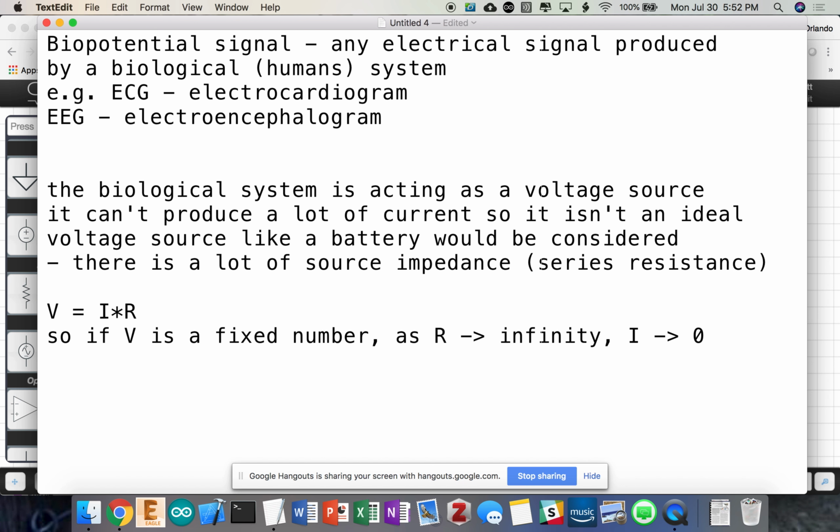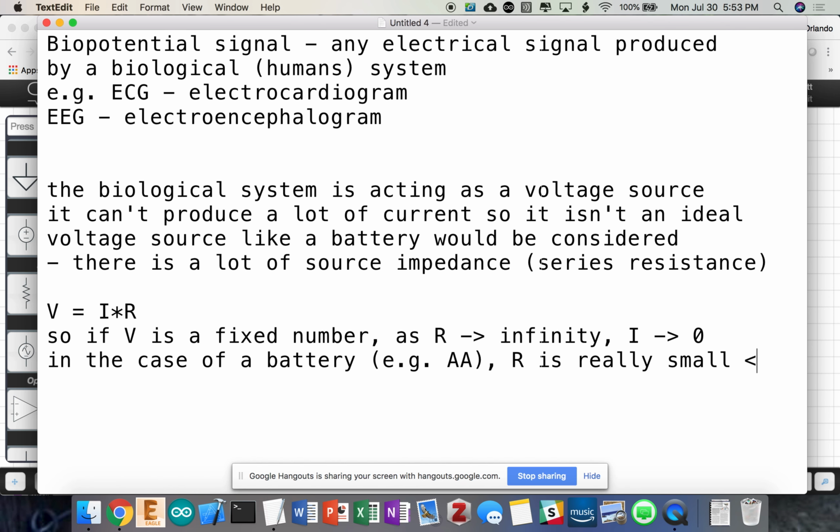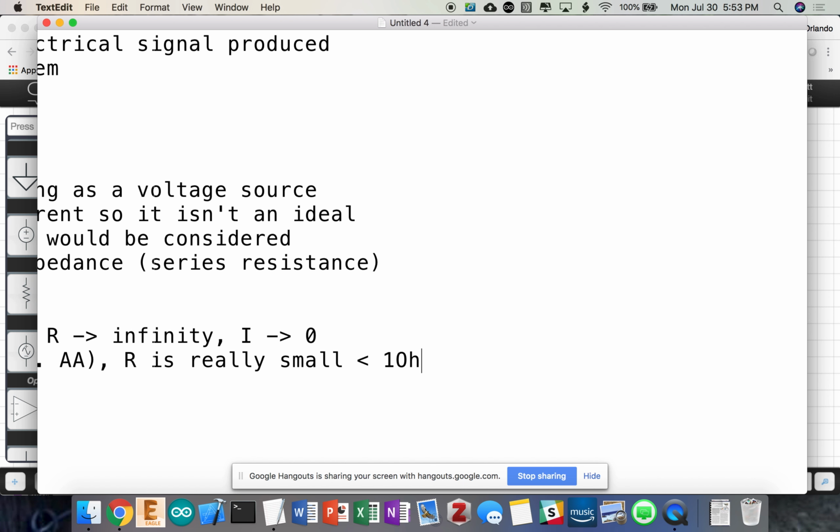V is a fixed number. As R goes to infinity, I gets really, really small. So in the case of a battery, depending on what type of battery, I'll just do an example, AA batteries, R is really small. Generally less than 1 ohm.